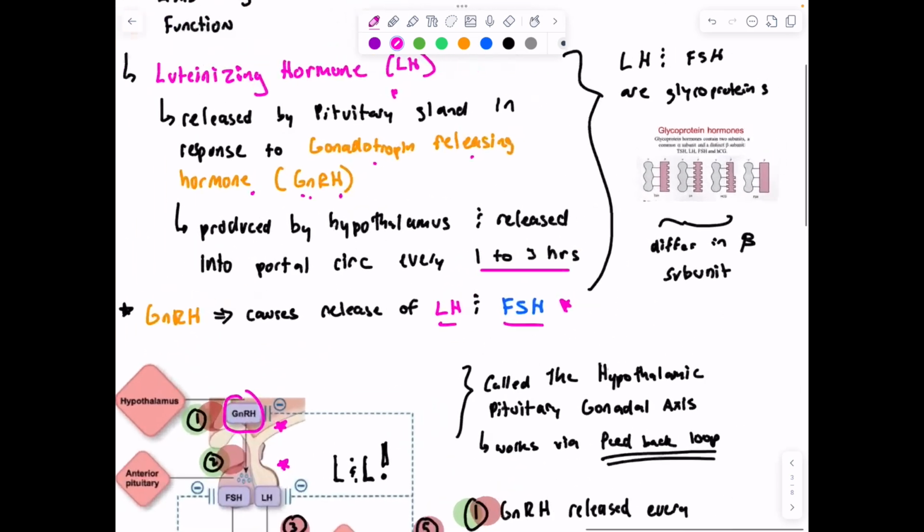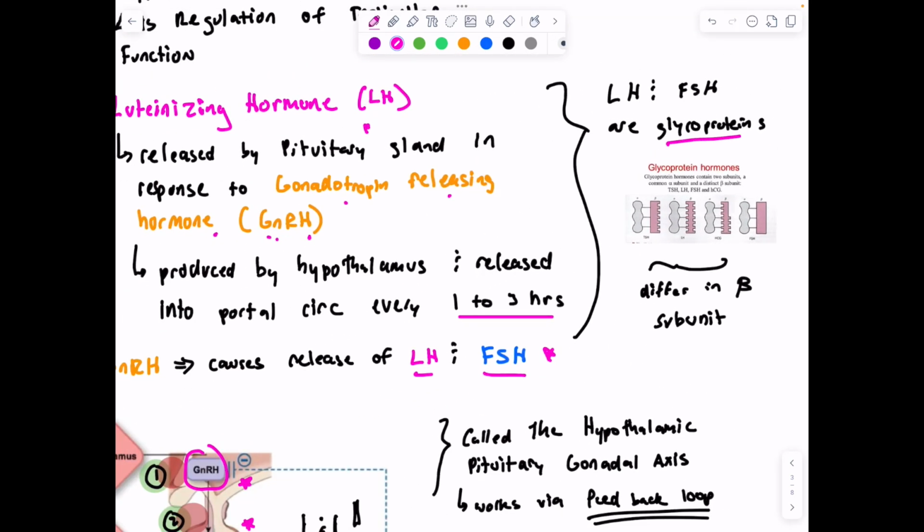All right, and then there's a point that was made. These are glycoproteins, and so what separates luteinizing hormone from follicular stimulating hormone, you have an alpha subunit and a beta subunit. The alpha subunit is going to be the same. The beta subunit is going to be slightly different. And so one of the things that's quite interesting is that if you recall, we said in our histo lecture, luteinizing hormone is responsible for causing ovulation and causing the corpus luteum to exist right after ovulation.